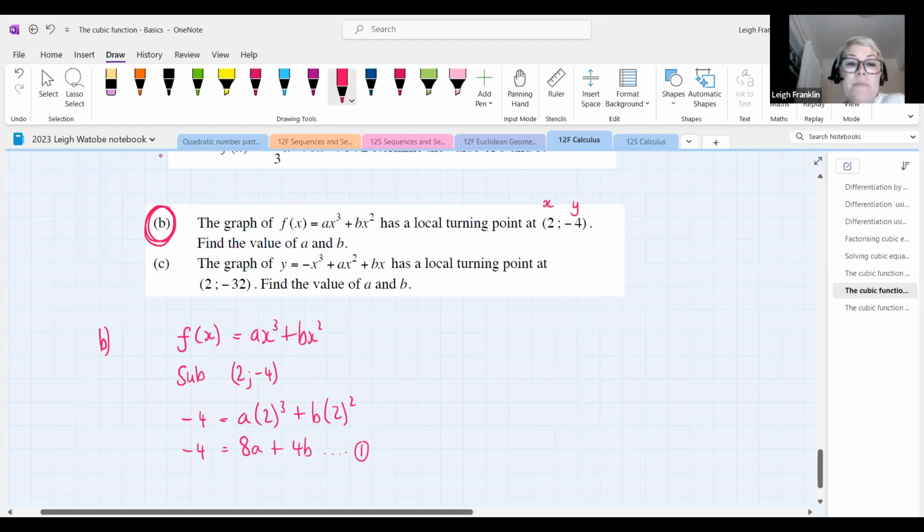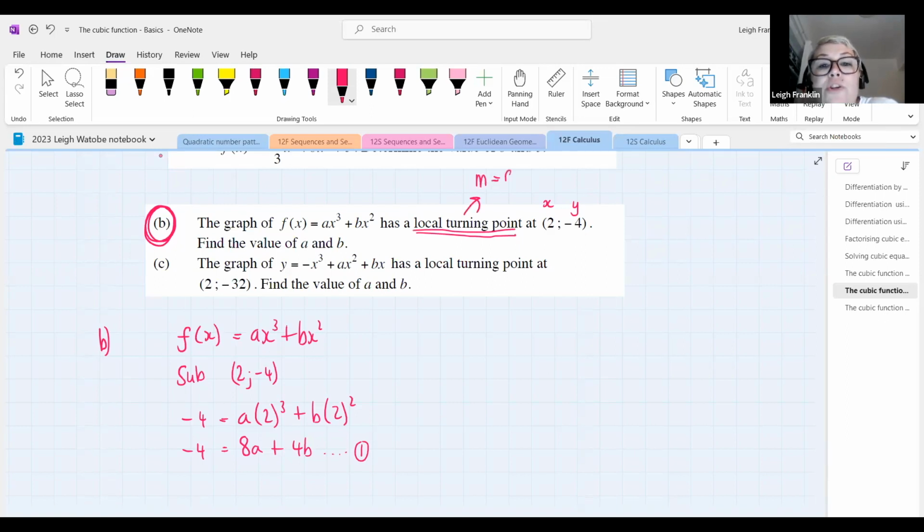The other thing that's important here, Leanne and everybody else, is that they are telling you it is a local turning point. So you know that at the turning point, the gradient is 0. The gradient, which is f prime x, is equal to 0.